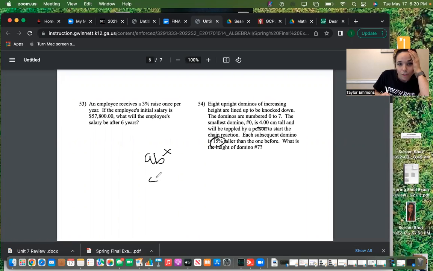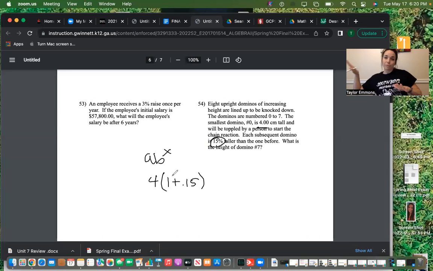So we've got 4 as our initial, and our rate is going to be 1 plus 0.15. The way you have to think about this is we're trying to figure out what the 7th domino's height is going to be based off of the first one. So we're taking the first one, adding 15% to it, and getting the next one.